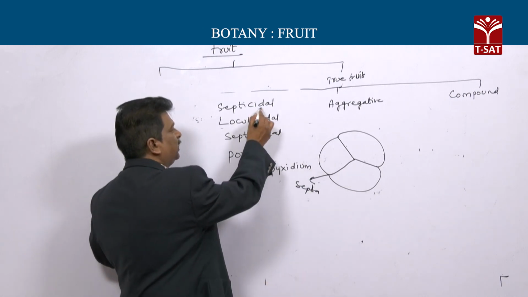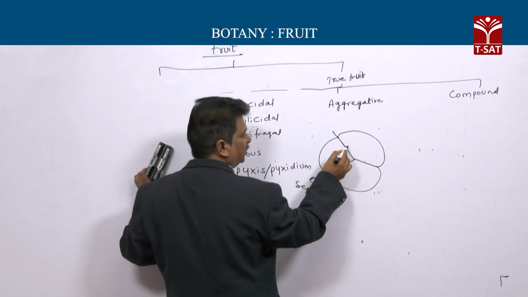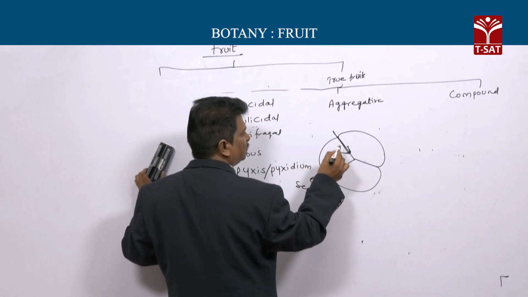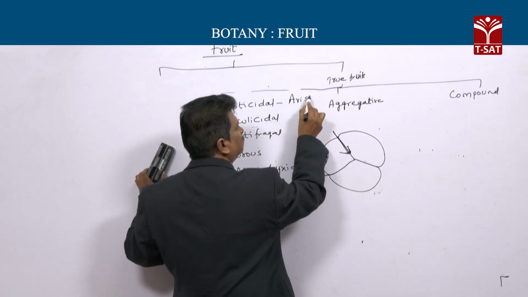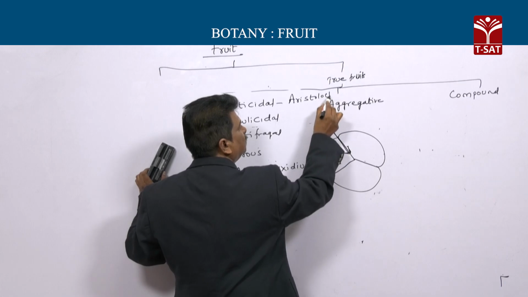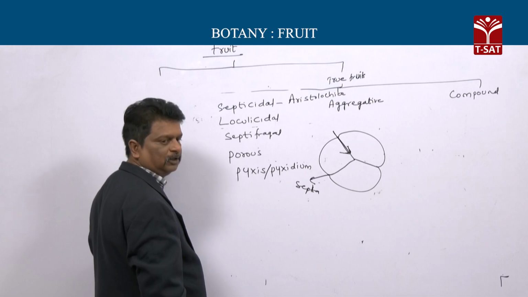So septicidal capsule. If fruit wall breaks along the septa, called a septicidal capsule. Example, Aristolochia.